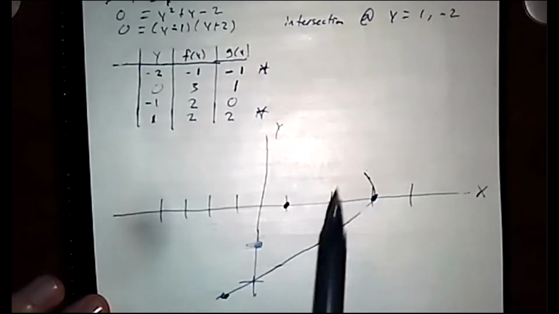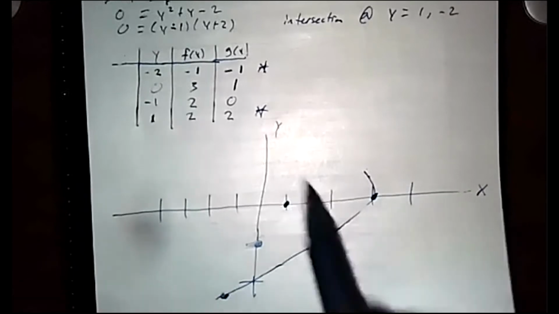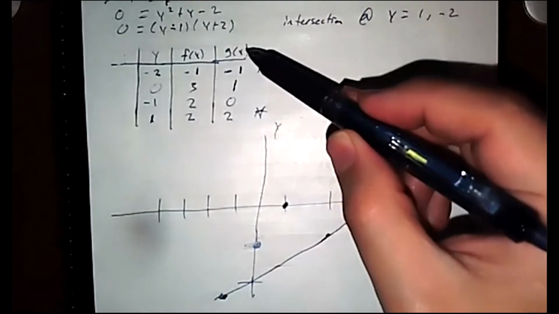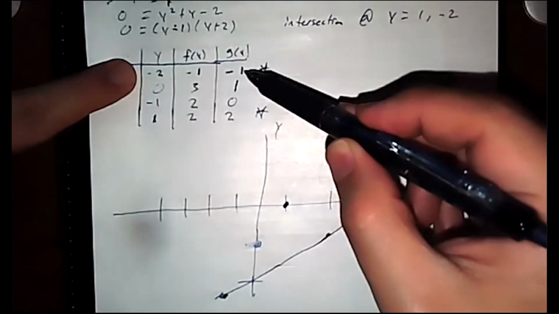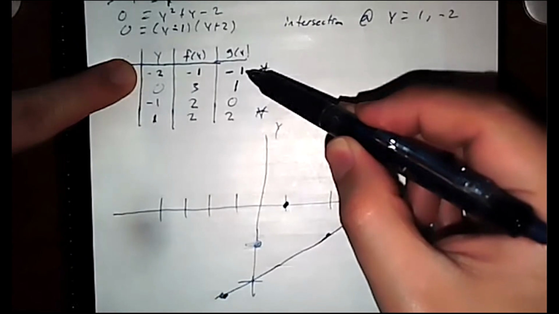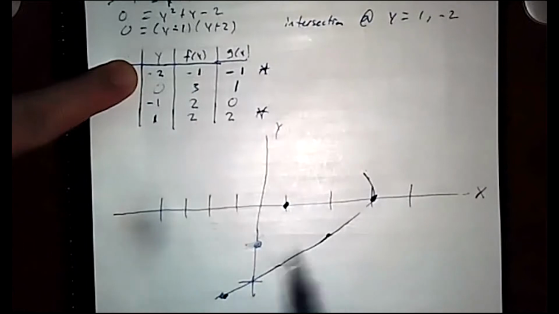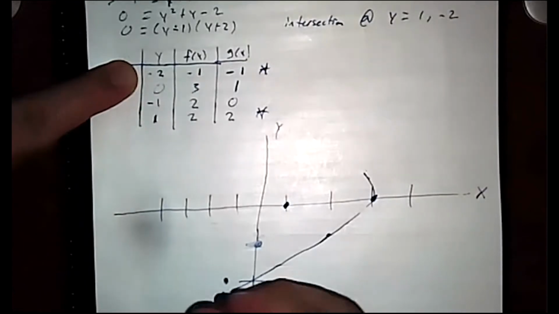So G is negative 1. For negative 2 on the y, we have negative 1 on the x. So negative 2 should have a point about here. This is a little low.